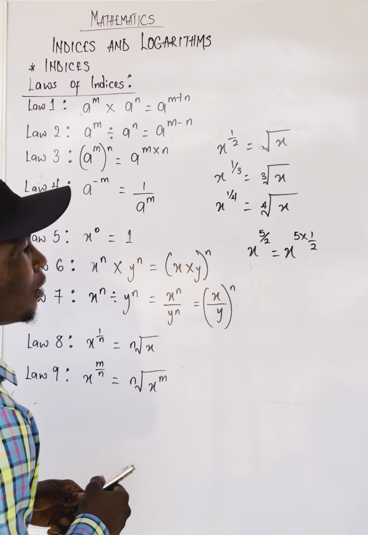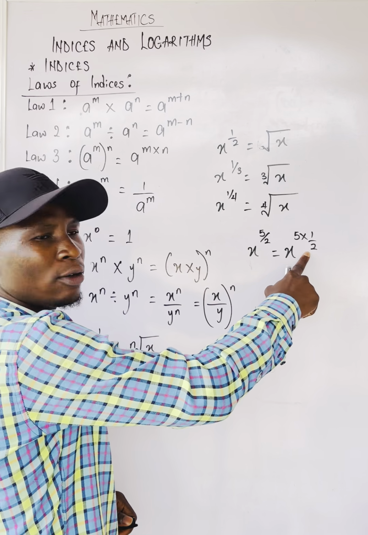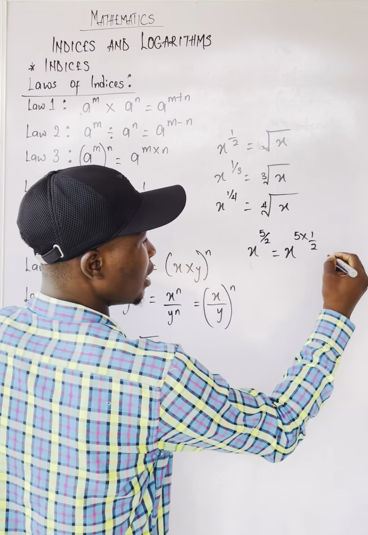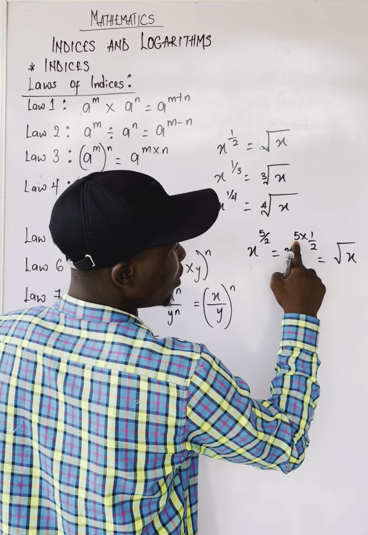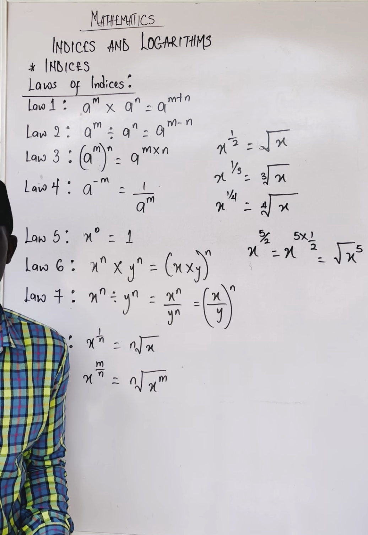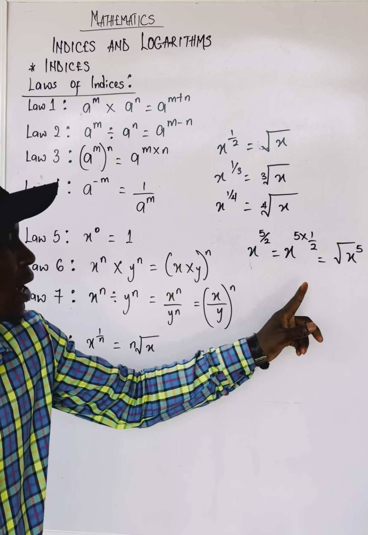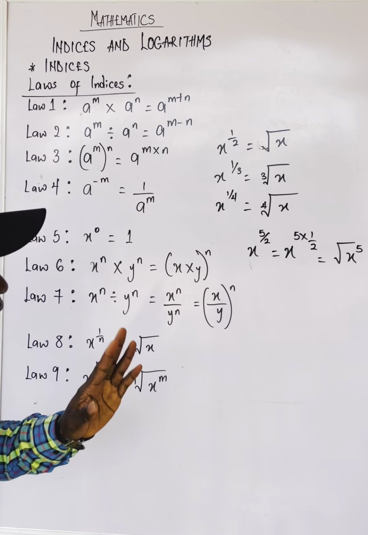So another way to write anything to the power of 1 over 2 is the square root of x. Then what is it having? It's having raised to the power of 5. The square root of x, then to the power of 5. Now that is that about that.